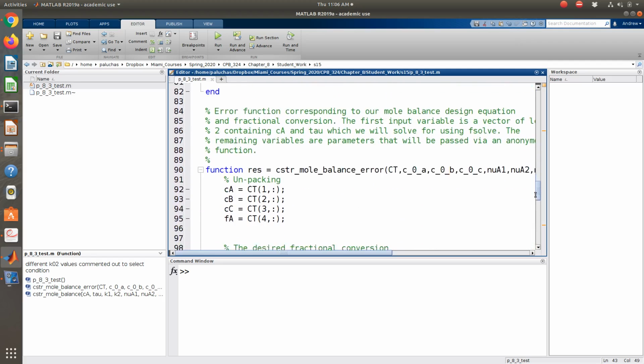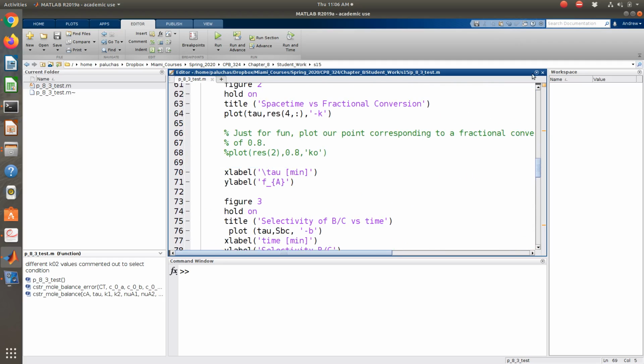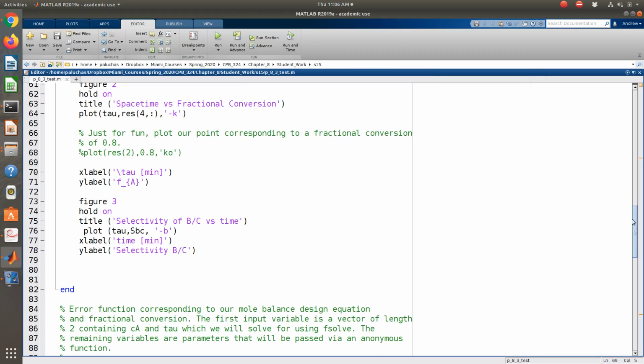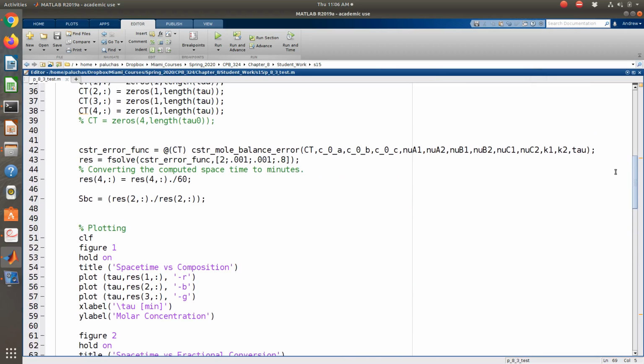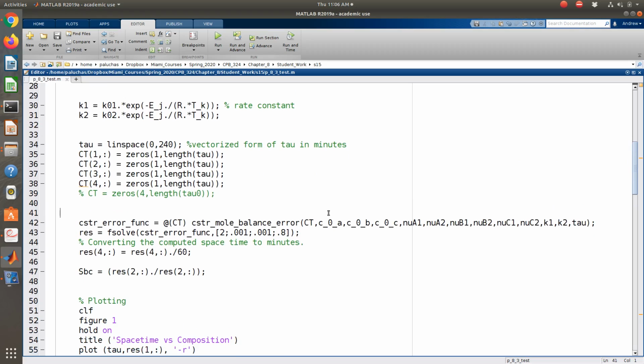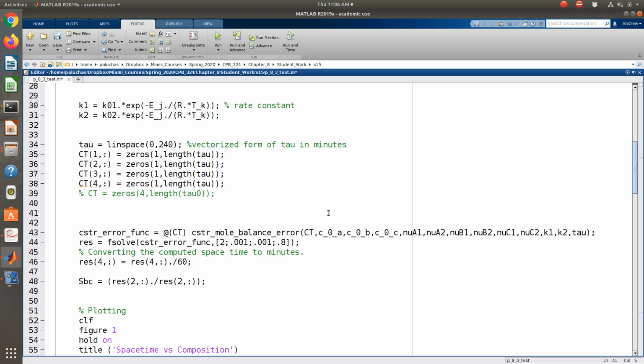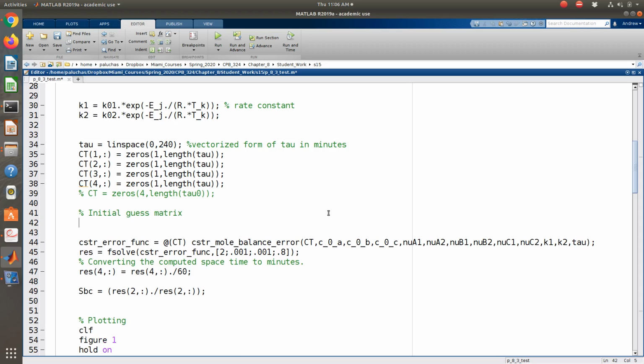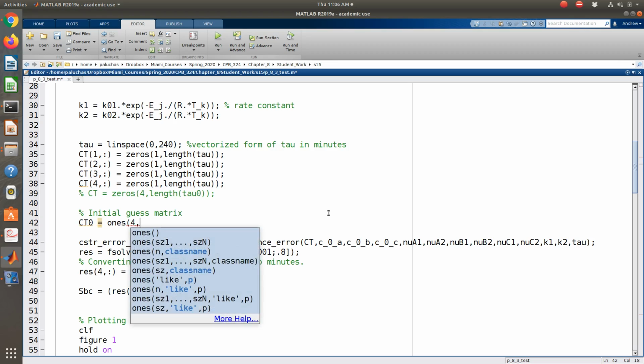Hold on. Sorry, I should make this bigger. So what I'm trying to look at is your fsolve call. Right now you just have initial guesses for 4 quantities. You would need 400. Okay, so let me create an initial guess matrix. Okay, and maybe my initial guess matrix is CT naught, and let me just do ones, 4 comma length tau.